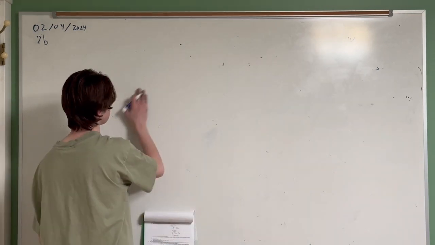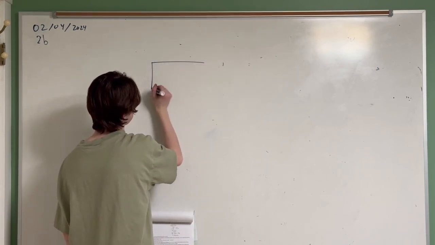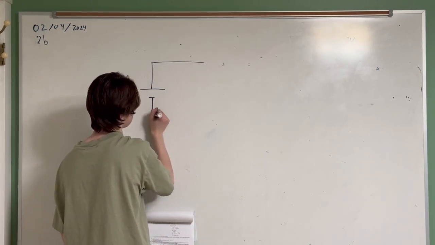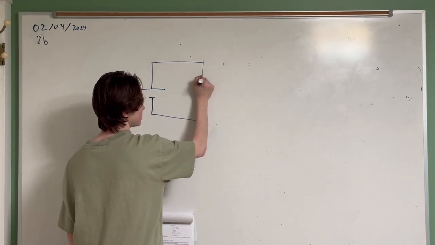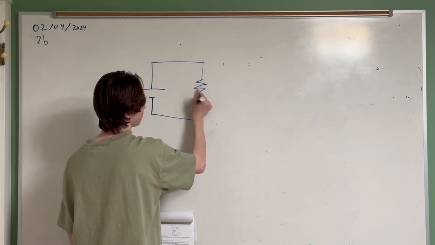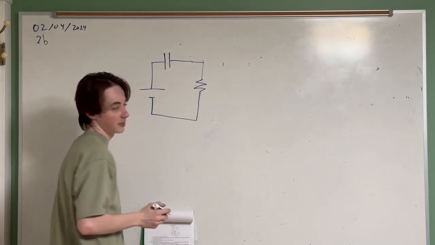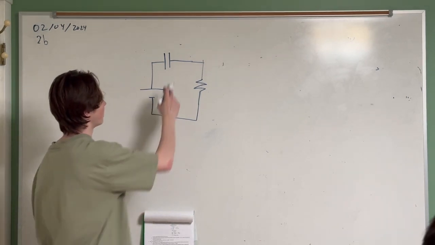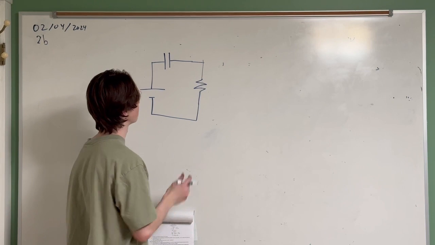So capacitors. If we have a capacitor in a circuit, first we have our resistor, and next we have our capacitor. Capacitors contribute a certain amount of EMF in the circuit. Remember, we derived the formula for the voltage of a capacitor.